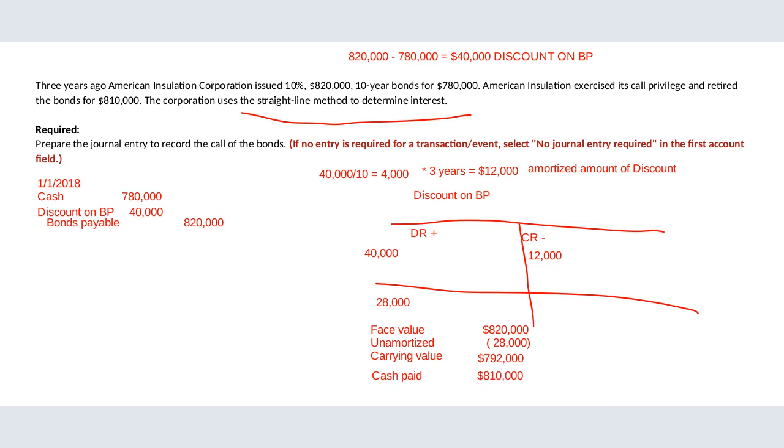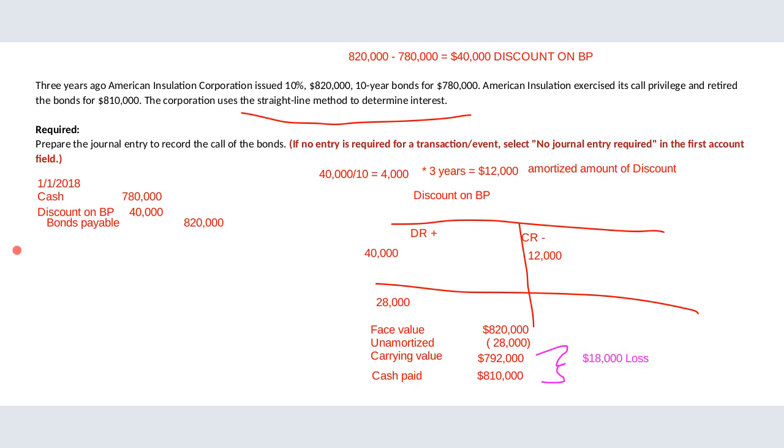We have to pay more for repurchasing or paying off the debt versus the amount that we had in our books by 18,000. So this amount that we had to pay on top of our carrying value of the bond is a loss. Okay, this is a loss.